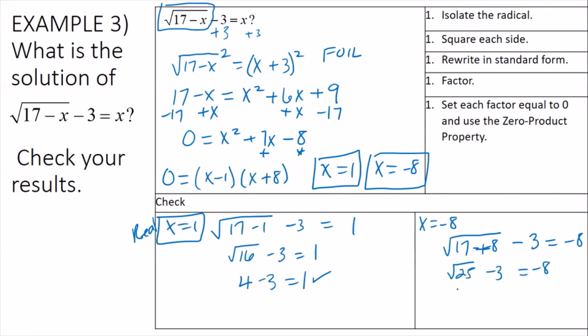What is the square root of 25? 5. Does 5 minus 3 equal -8? No, this is false, not true. So this is our extraneous. This is my real solution. This is my extraneous solution.